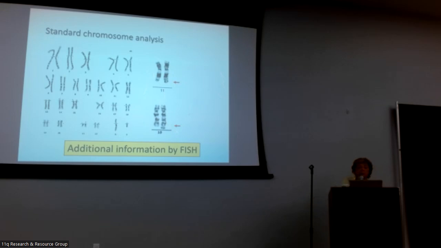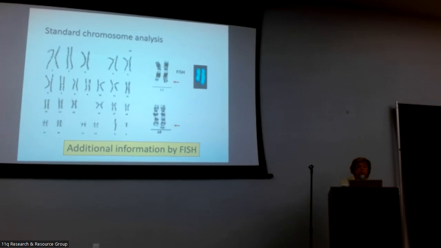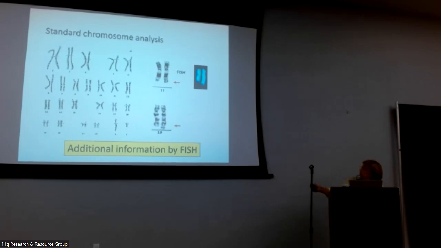If you go on and use chromosome painting, you'd see that in this case, the chromosome is all 11. The stain is complete. In the second case, the stain for chromosome 10 only stains a piece of this chromosome.